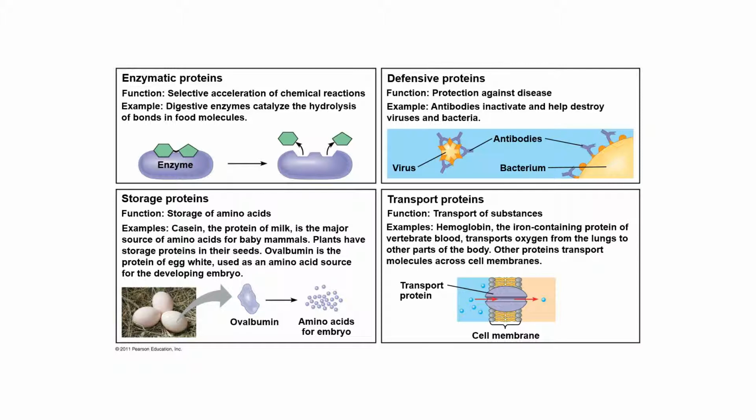You also have proteins that are involved in transport. When we start talking about transport systems later on in cell physiology, you have proteins that are involved in transporting specific biological molecules either into the cell or out of the cell.